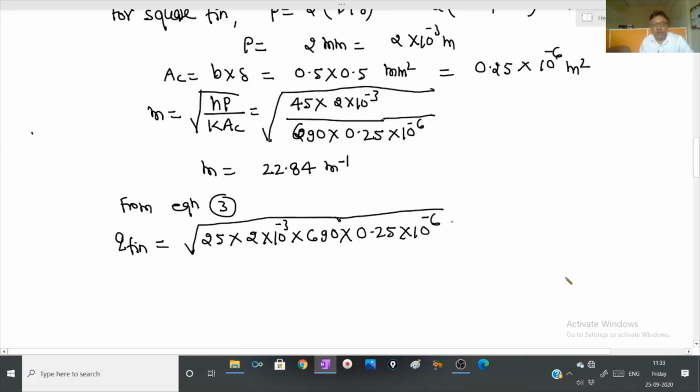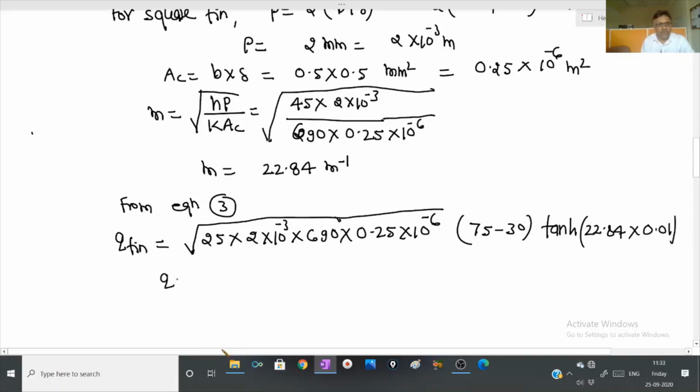This is square root of hPkAc, Ts 75 and T infinity is 30, and tan hyperbolic. m value is 22.84 and value of L is 10 mm, that is 0.01 meter.